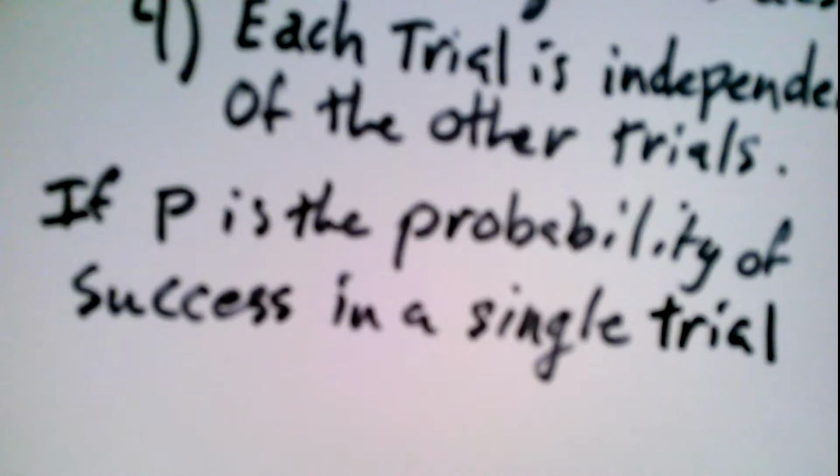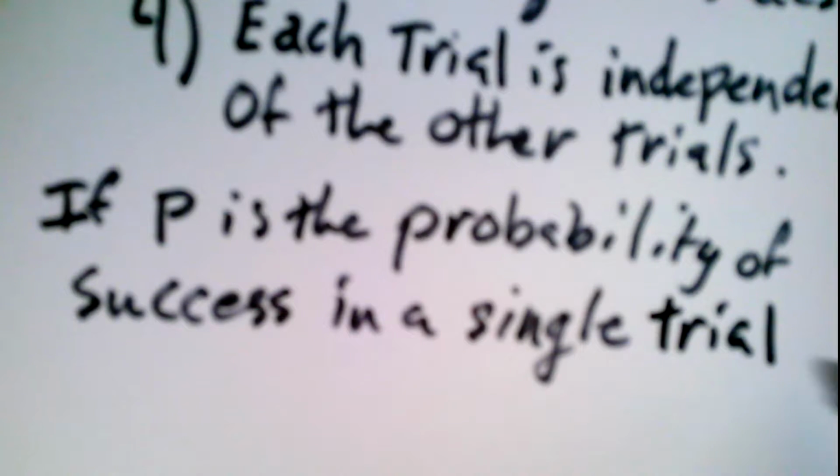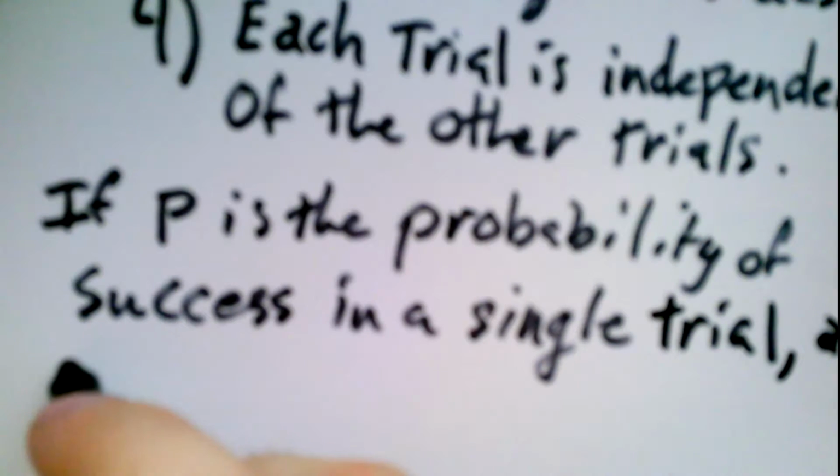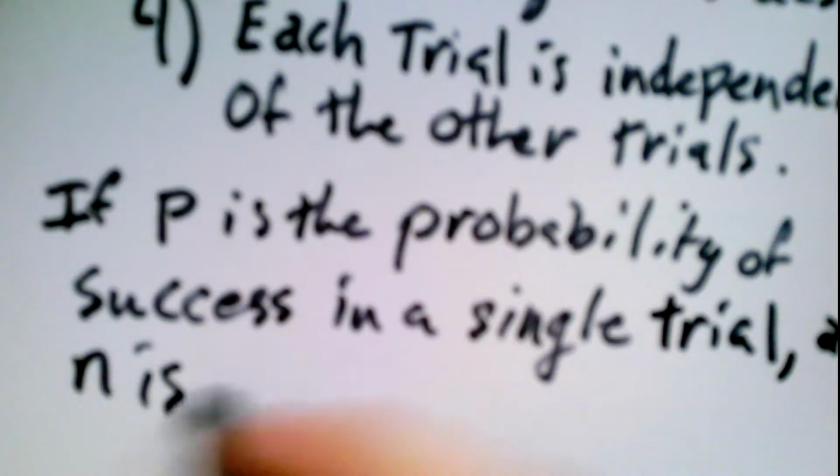So this is the probability of success in any one of the trials. All the trials have the same probability of success. And n is the number of trials.